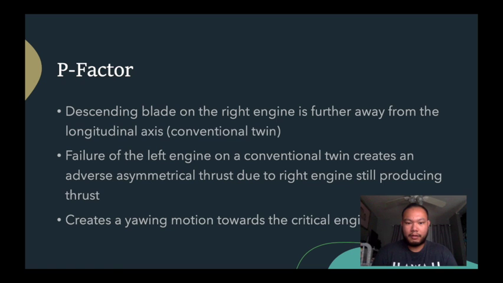So failure of the left engine on a conventional twin creates adverse asymmetrical thrust due to the right engine still producing thrust, and it creates a yawing motion towards the critical engine. So if the left engine fails, the plane is going to want to yaw to the left because of asymmetrical thrust, since the right engine is still producing thrust.